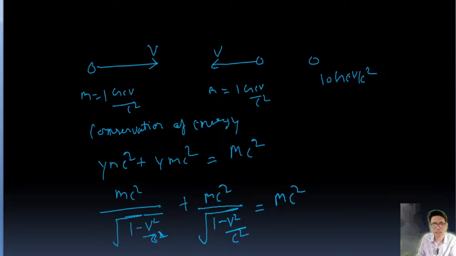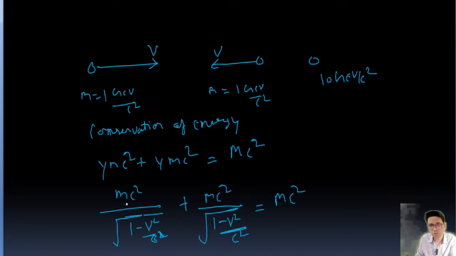Now we'll put the values, guys. m is 1, so adding them, it's going to be 2c square upon root 1 minus v square upon c square, equal to Mc square, where M is given as 10, so 10 into c square.